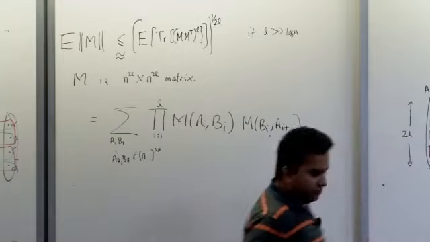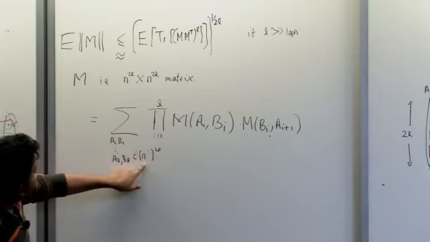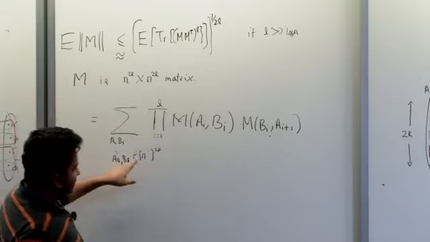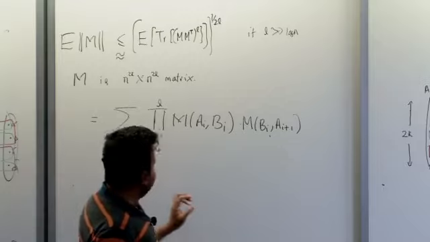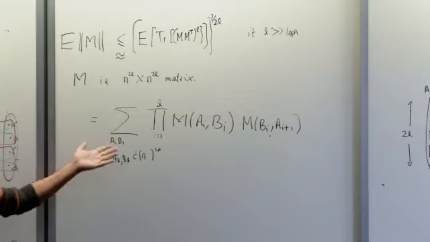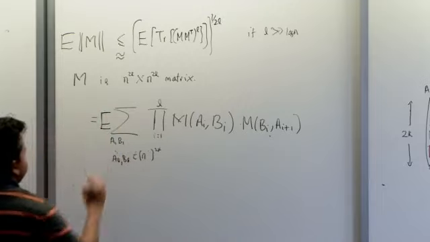This picture is a way to think about it. So I have one term for every choice of these sets from n to the 2k. This is the expected trace, so of course I shouldn't lose the expectation.